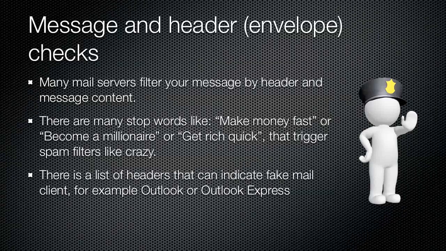And there is a list of headers that can indicate a fake mail client. For example, each mail client has a certain way of positioning the headers inside the message. Let's say you have Outlook. It will always encode the message in such a way that there's first a text portion stripped of HTML or any formatting like fonts and so on. And then after this, there is a MIME encoded HTML rich text message.